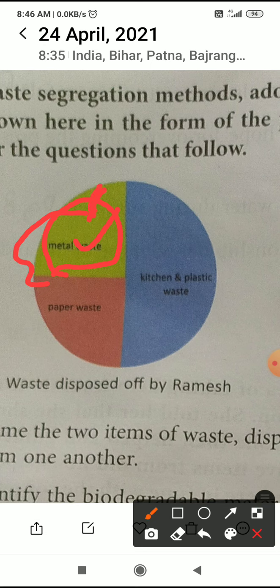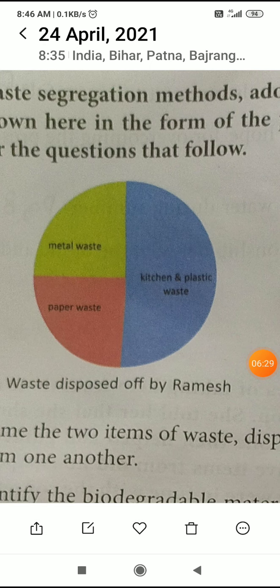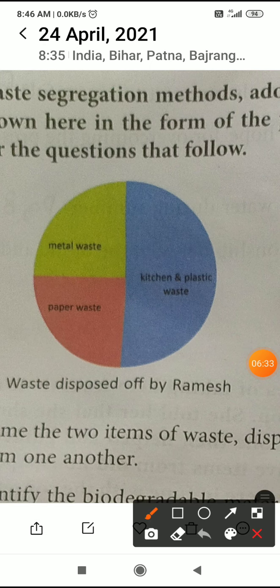Metals are melted at high temperature. Children know that metals are collected separately. If there is iron, then iron is collected separately. Aluminum wire is collected separately. If there is copper wire, then copper wire is separated.